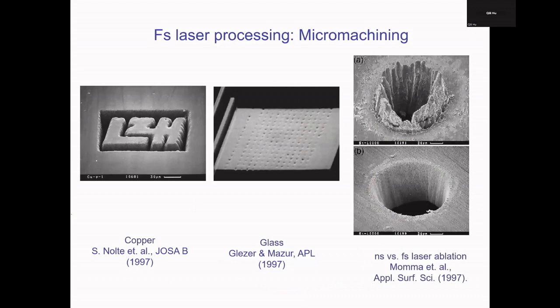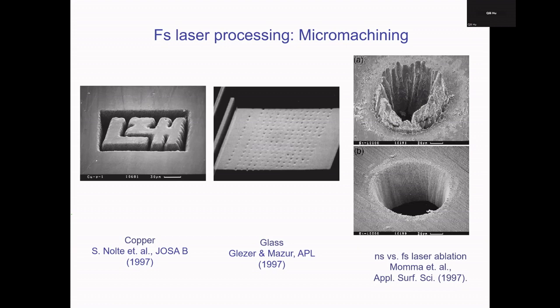So femtosecond lasers, because of the short pulse duration and high peak intensity, as I mentioned, when it first started a few decades ago, people were naturally very drawn to utilize femtosecond lasers to study material processing.